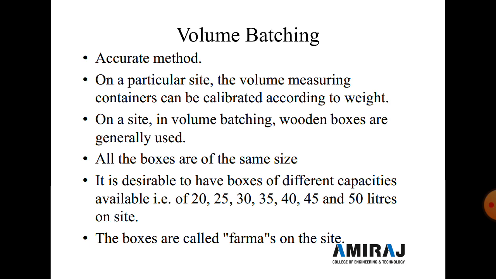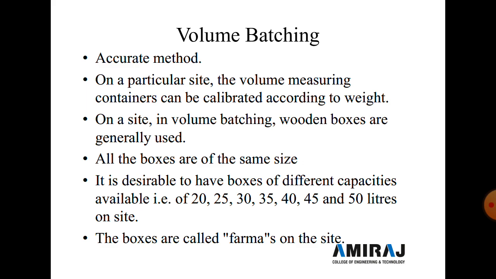In volume batching, wooden boxes with bamboo handles are generally used, and we also use hand carts. Hand carts are used on a large construction site, and all the boxes are of the same size. Raw materials arrive on site, we estimate how much weight of sand, cement and coarse aggregate fills the box, and then according to the mix design the number of boxes per batch can be determined.